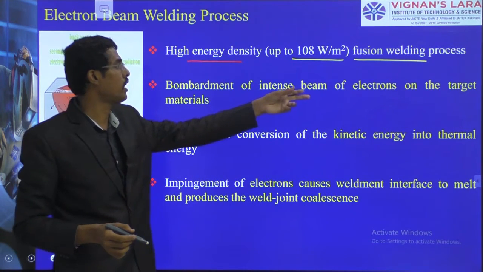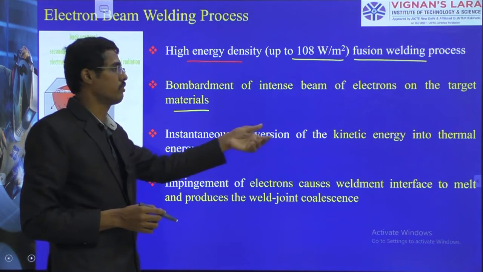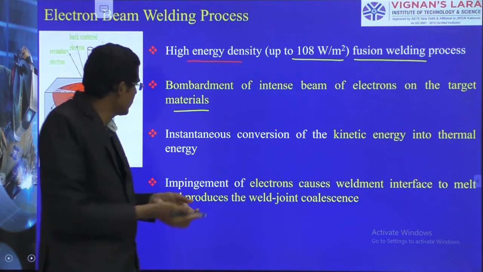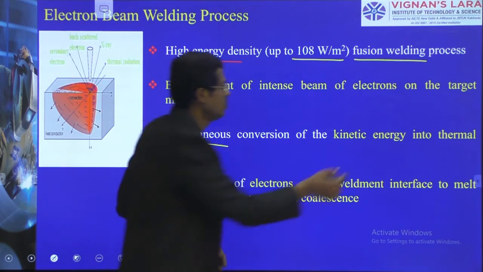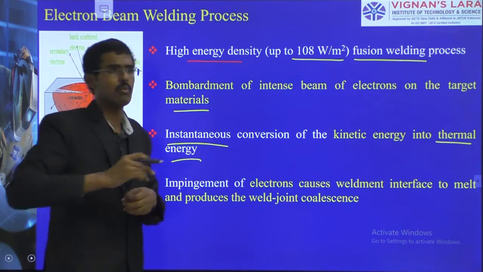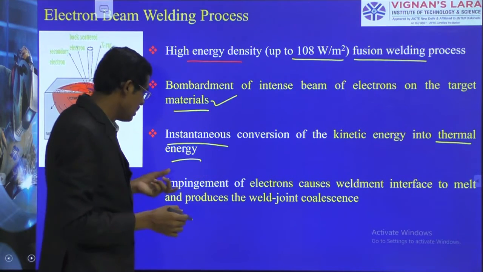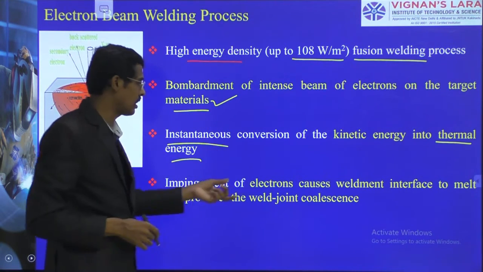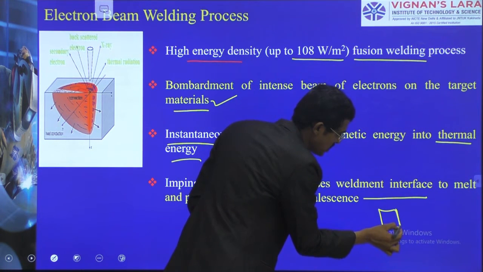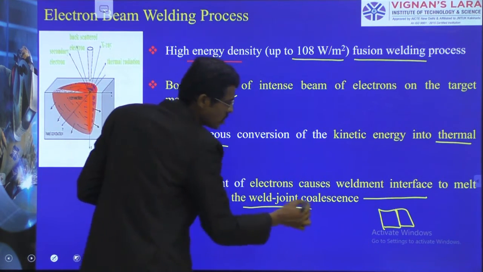Bombardment of an intense beam of electrons on the targeted material causes instantaneous conversion of kinetic energy. This kinetic energy is instantaneously converted into thermal energy due to its releasing speed as it comes downward. The impinging of the electrons causes the weldment interface, the region between the two specimens, to melt and produce the weld joint.